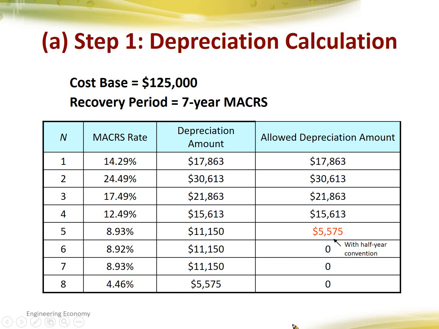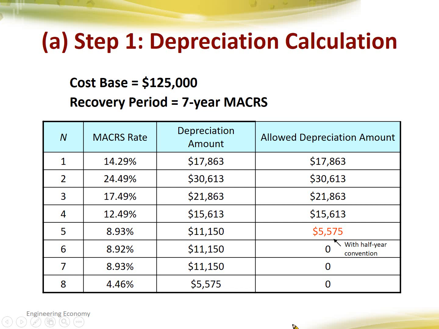However, our project ends at the 5th year. Okay, only 5 years. So the first year, second year, third year, and the fourth year will be identical to what we have already computed based on the MACRS rate.